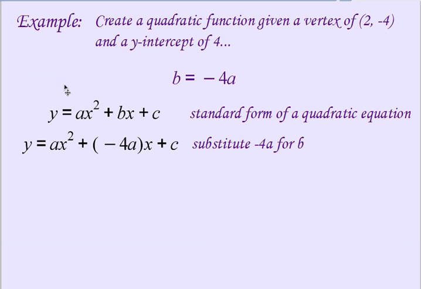Now I have some other values here that are going to help me substitute. Remember our vertex (2, -4)? Remember how 2 is the x value and -4 is the y value? Well, I just so happen to have some x's and y's in my standard form equation. So I'm going to replace all the x's with 2 and all the y's with -4.